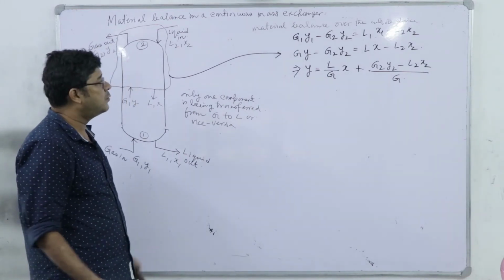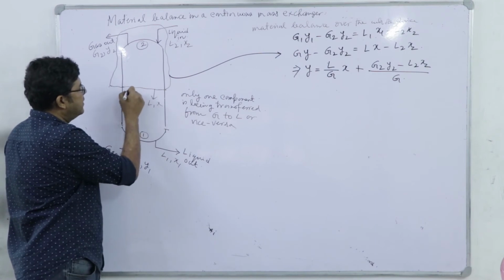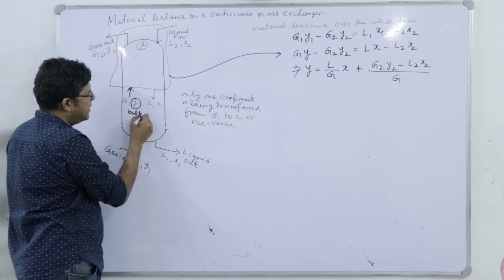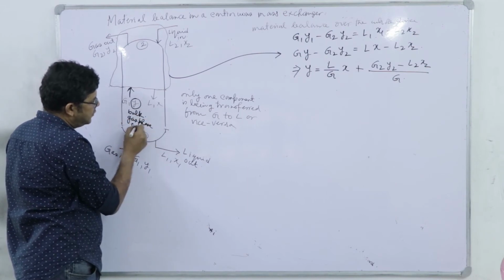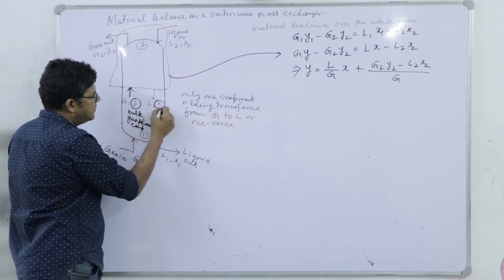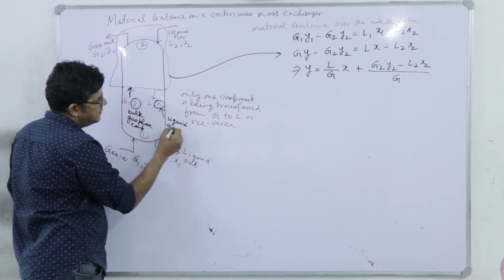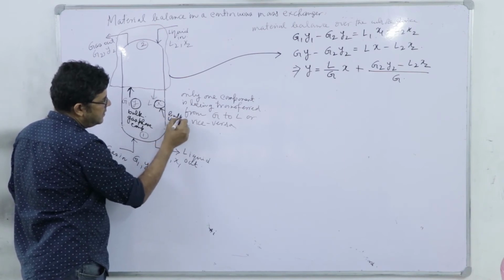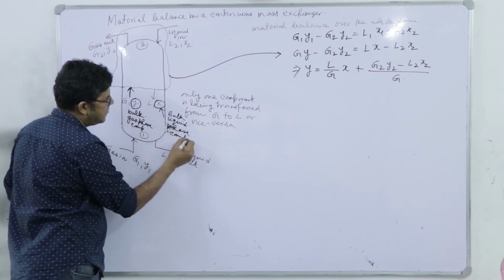What is the equation? What does it relate? It relates, at any section, Y, which is the bulk gas phase composition, to X, which is the bulk liquid phase composition, right.